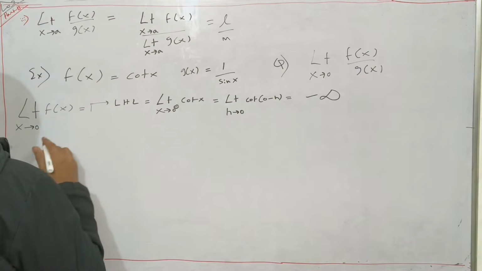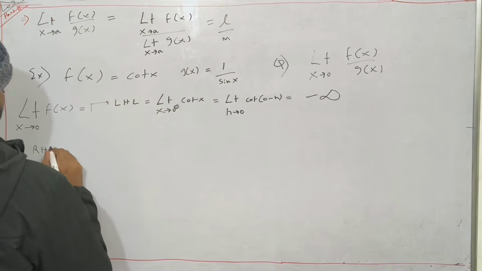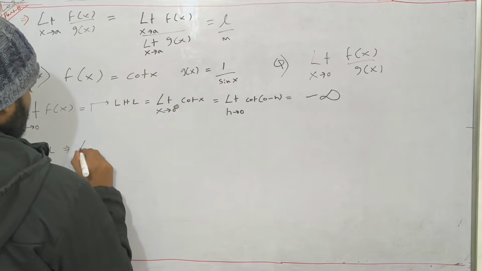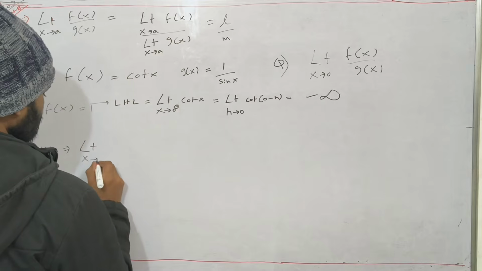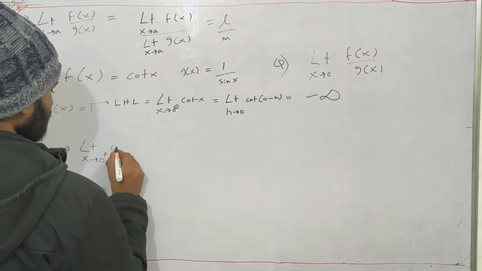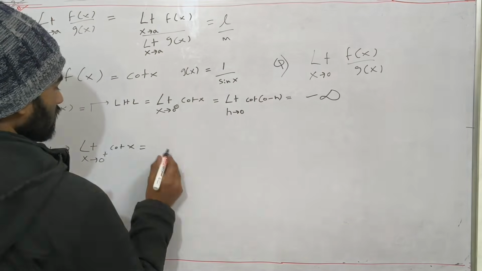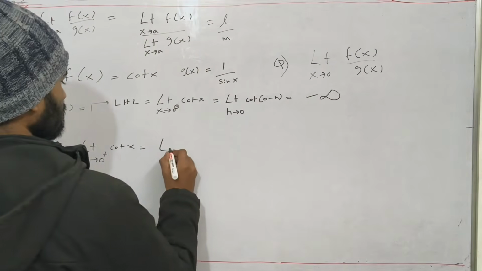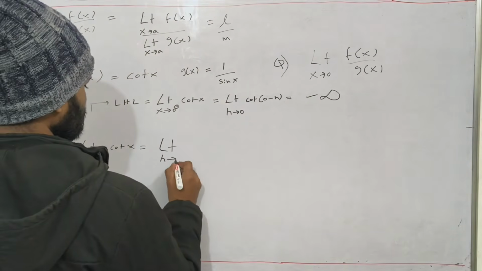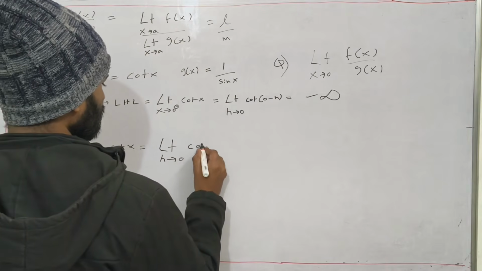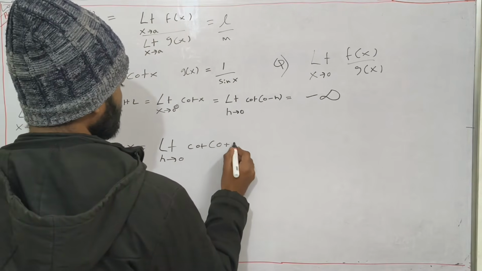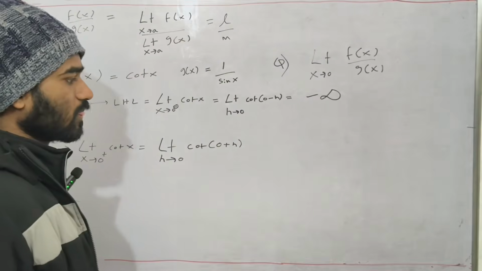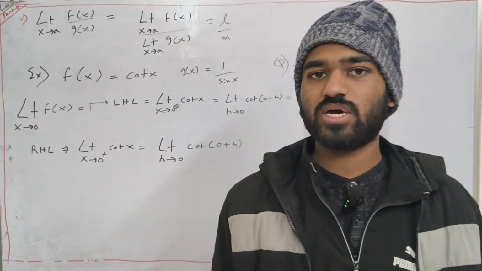Similarly, right hand limit equals to limit x tends to 0 plus cot x equals to limit h tends to 0 cot of 0 plus h.